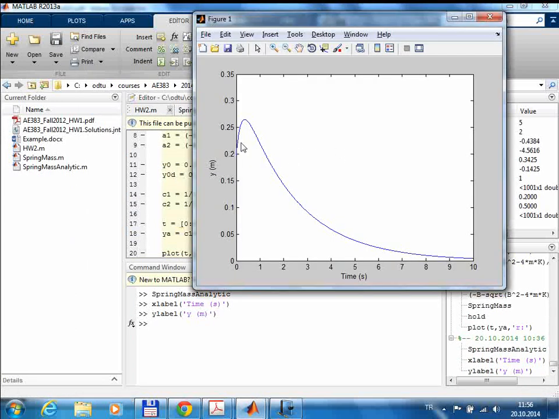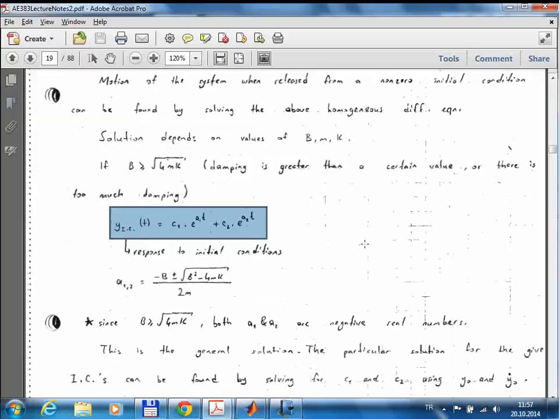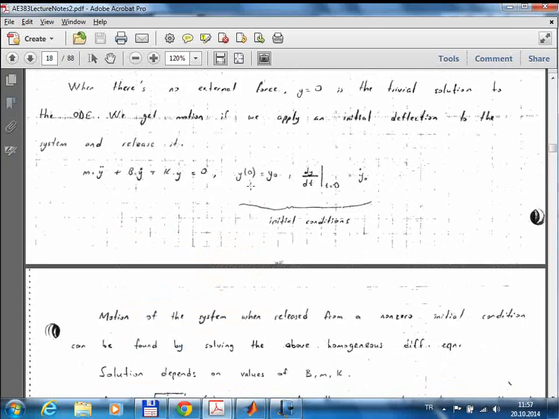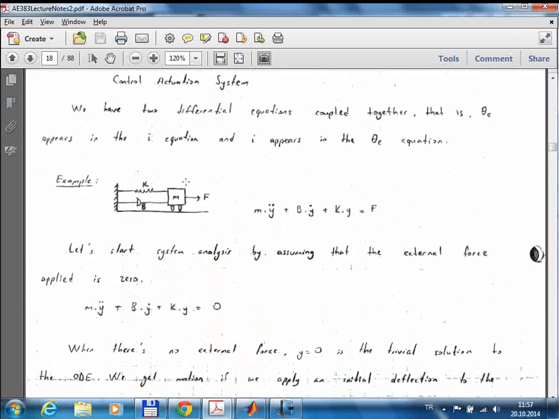So this was the initial point at t equal to 0, and when I release it, this is how it moves. It keeps moving towards the right, and then it comes back to the equilibrium point, right? If you imagine what that means, the block starts at position 0.2 meters with a positive speed.